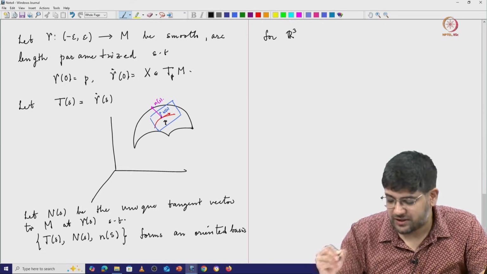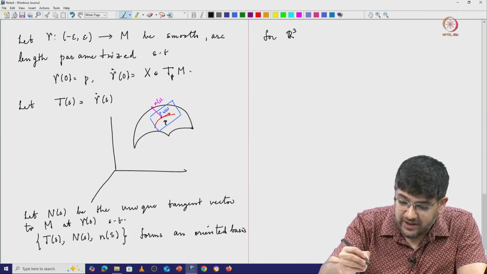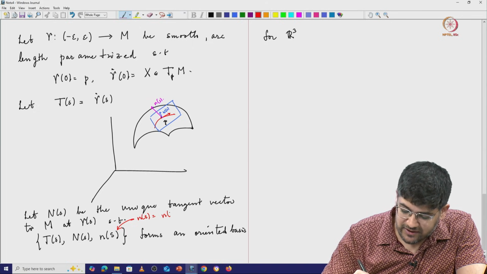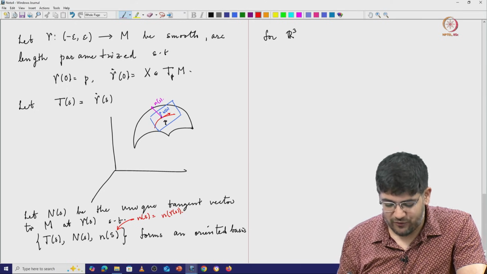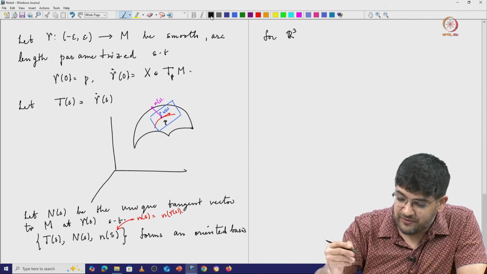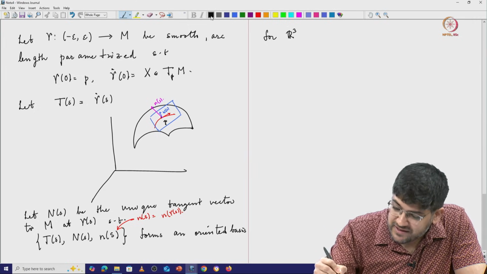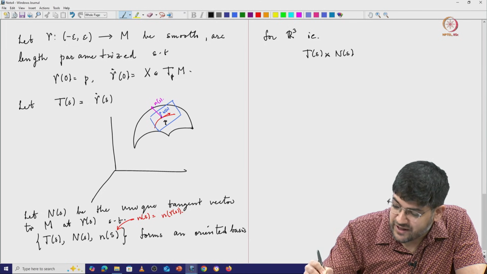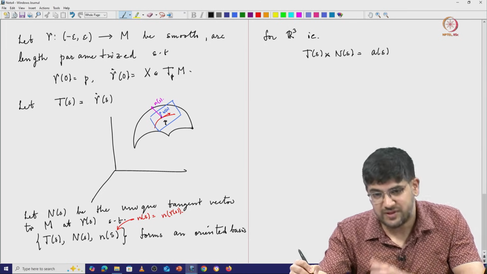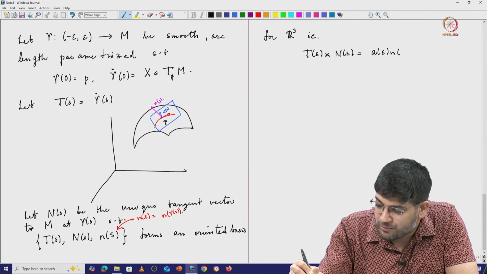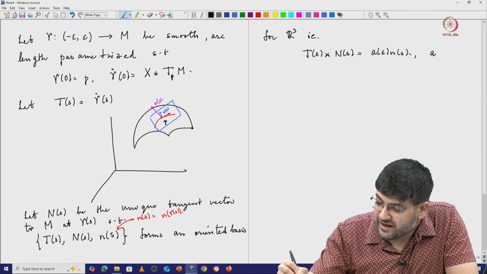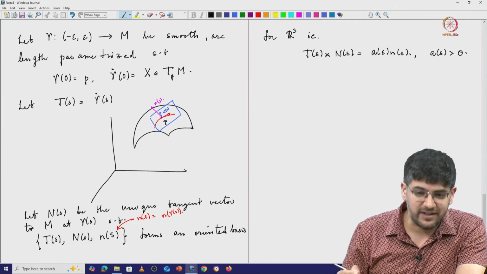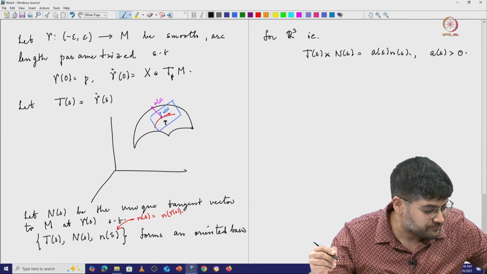So these are three orthogonal vectors, in fact orthonormal vectors. So here my notation is that n of s is basically the normal vector to the surface at gamma of s. So what do I mean when I say that these form an oriented basis? If you take the cross product of T of s and N of s, that will of course be pointing in the direction of the normal to the surface, and I want this component to be positive. So that is what I mean when I say that these three form an oriented basis.